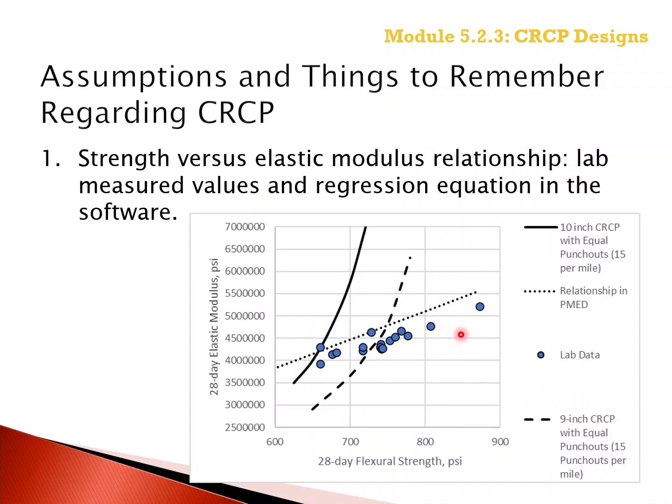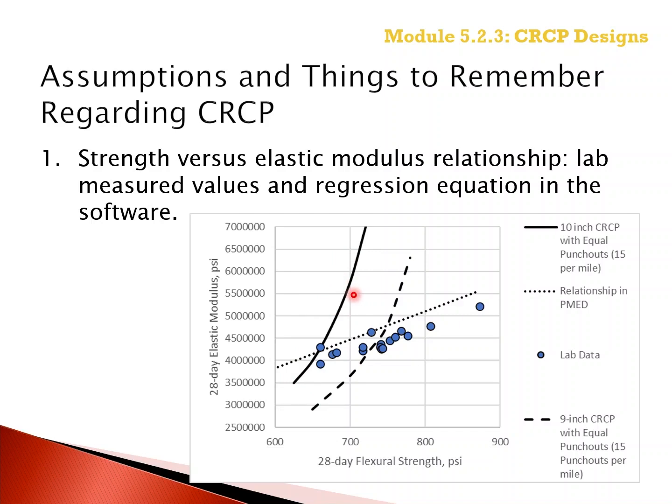The graph displayed in this slide compares the data or observations included in the previous slides. In summary, the solid black line and a longer dashed black line represent a 9-inch CRCP slab and 10-inch CRCP slab with equal punch-outs predicted at the end of the design life at 15 punch-outs per mile.